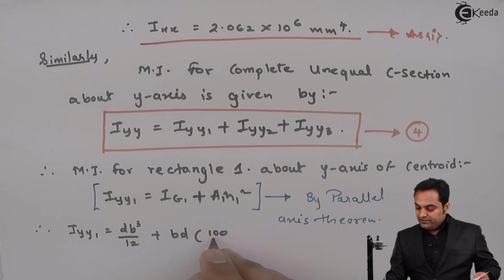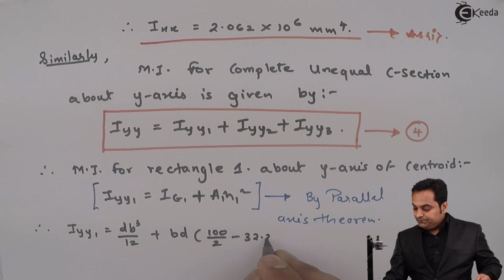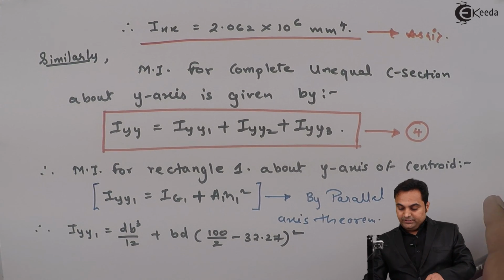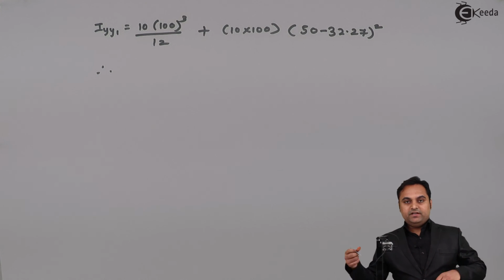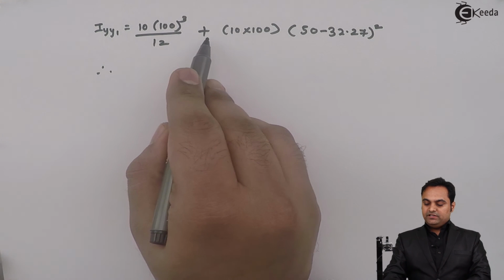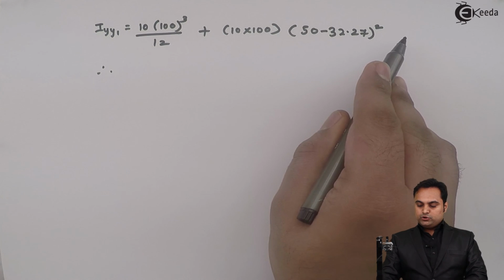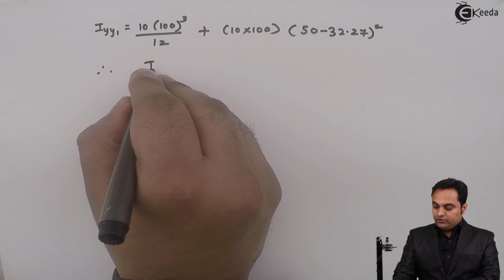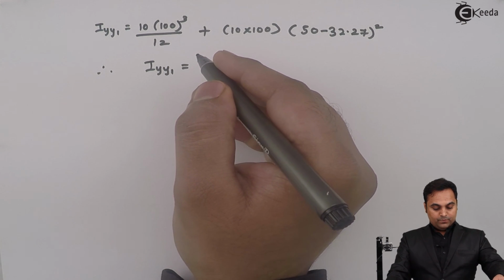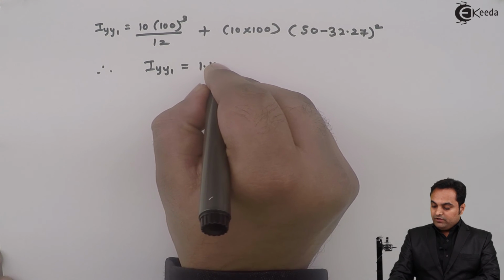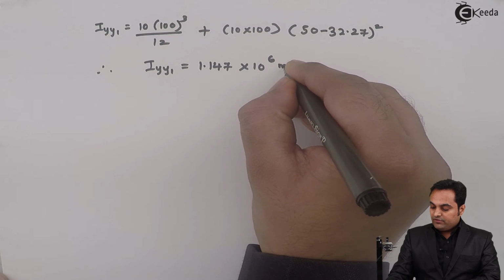H1 will be half of 100 minus 32.27. So putting the values, Iyy is 10 into 100 cube by 12 plus 10 into 100, which is area, into 50 minus 32.27 whole square, which is H square. So therefore Iyy1 comes out to be 1.147 into 10 raised to 6 mm raised to 4.